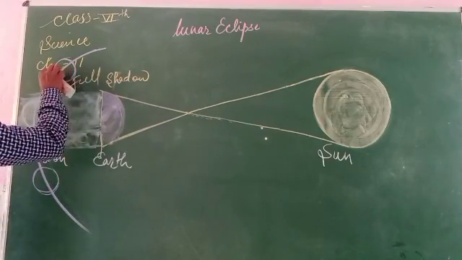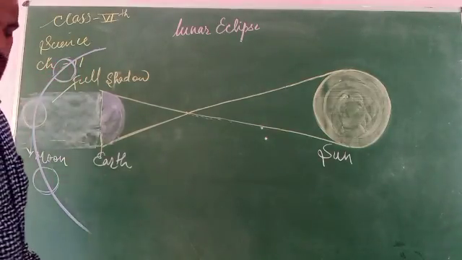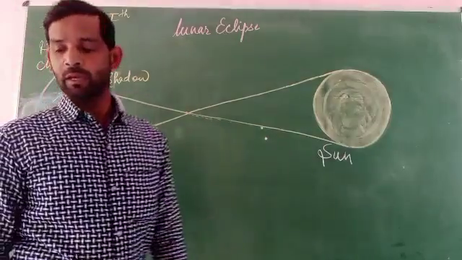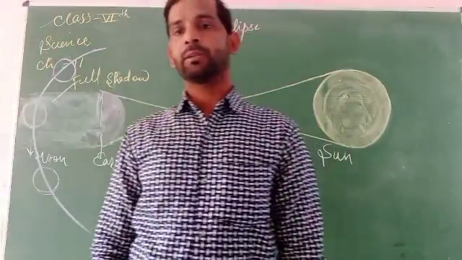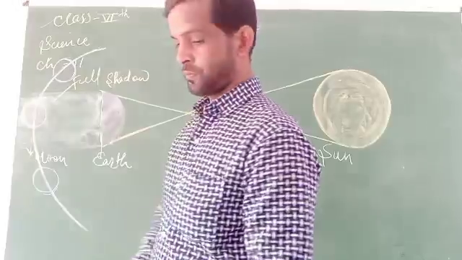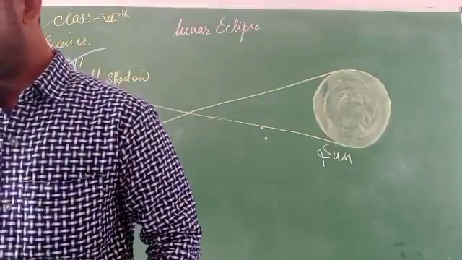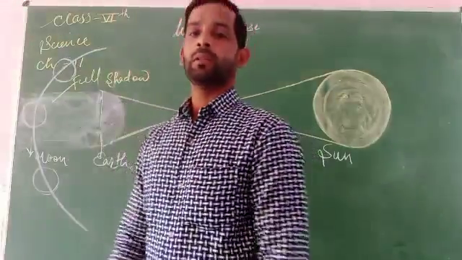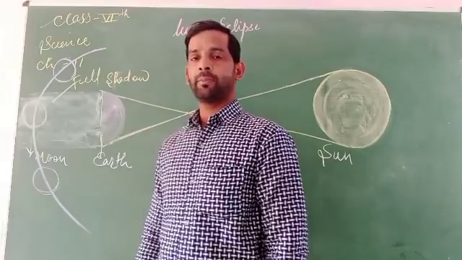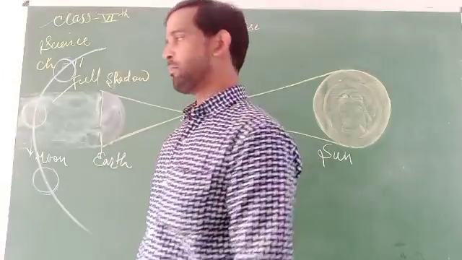So you can see there are two types of lunar eclipse: the partial eclipse and the complete eclipse.